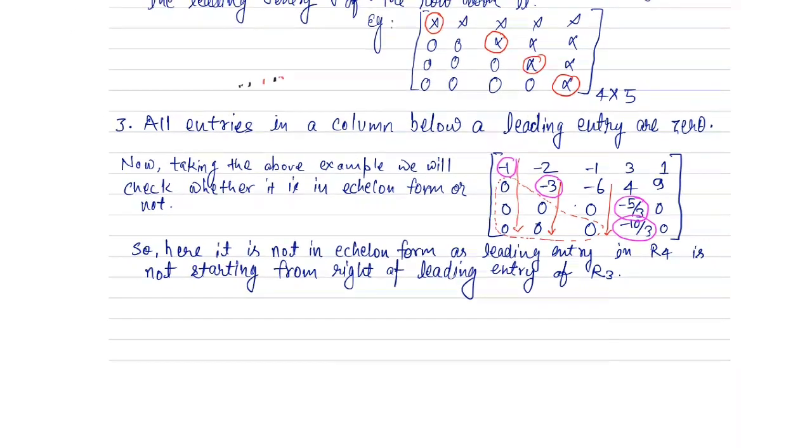So now let's see how we can use a row operation to satisfy that condition. So here it is not in echelon form, since minus 10 over 3, that is the leading entry, is just below minus 5 over 3, the leading entry above it.